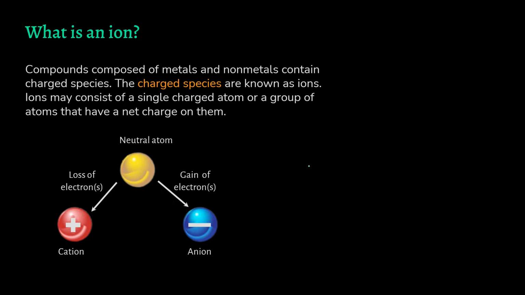What is happening here is that every atom seeks a state of stability. In the case of charged species, a neutral atom may undergo some change where it may gain an electron or lose an electron.